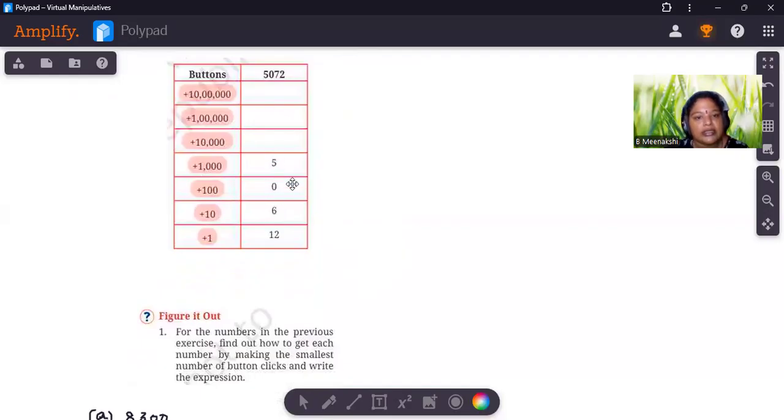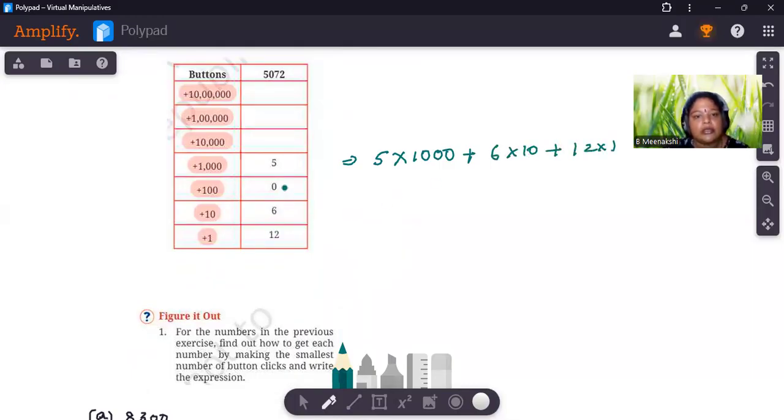So according to this, if we see here, plus 1000 is pressed 5 times. So 5 into 1000. Plus 100 is not pressed at all because the count is zero. Next is 6 into 10 plus 12 into 1. So how can we represent this?